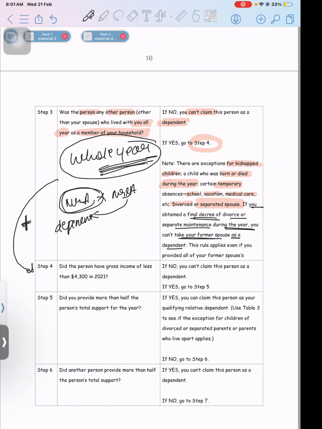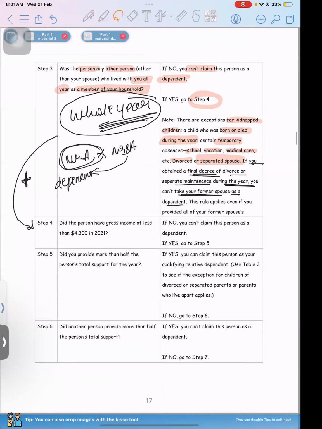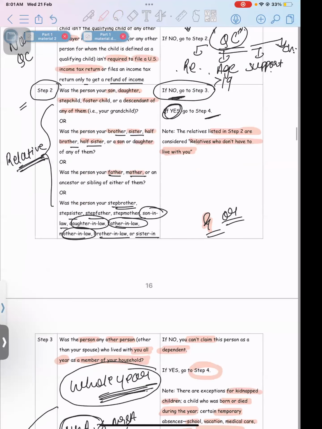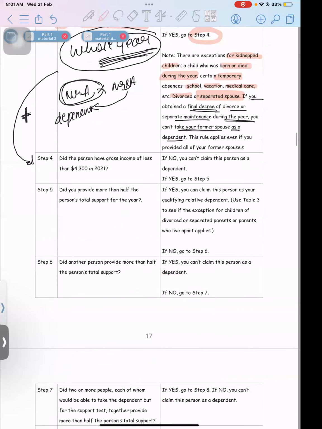Okay. Now, once you fulfill the third step, or the relative definition, your fourth step is to check the gross income test. Okay, by mistake here it is 2023, it should be. And 4300, till now I think the limit was different.